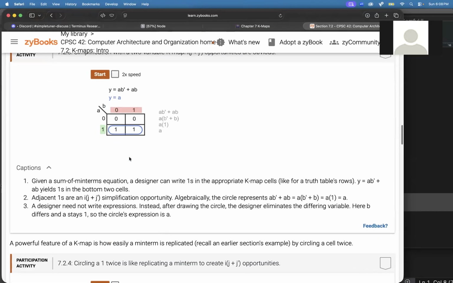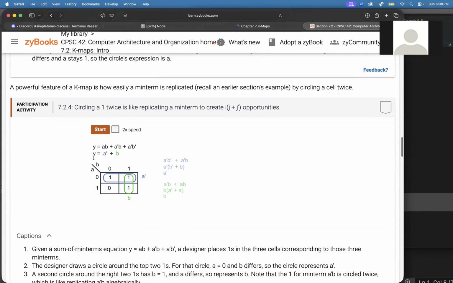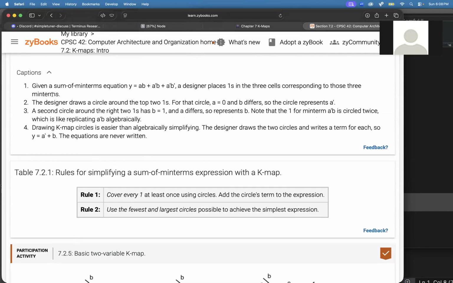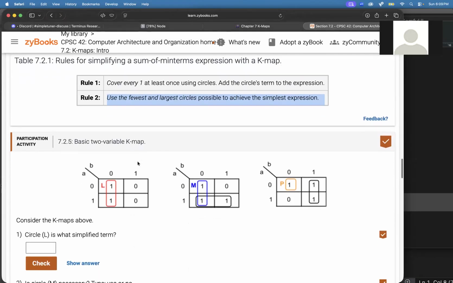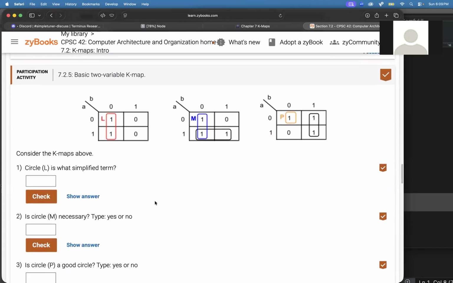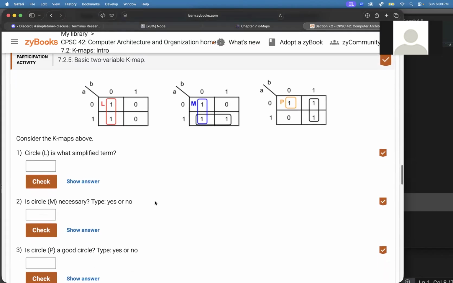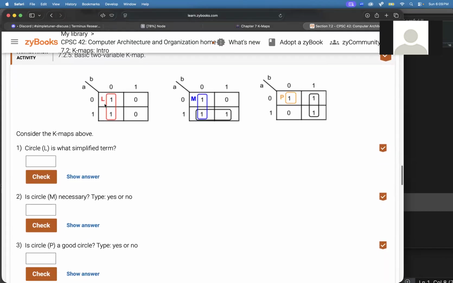Now you can read the rules for this, but cover everyone at least once using circles. Use the fewest and largest circles. Remember, there are no diagonal circles, and you have to have a power of 2 things circled at any time. I'm not going to do all these because we'll do a more complicated problem, but what term does this correspond to?